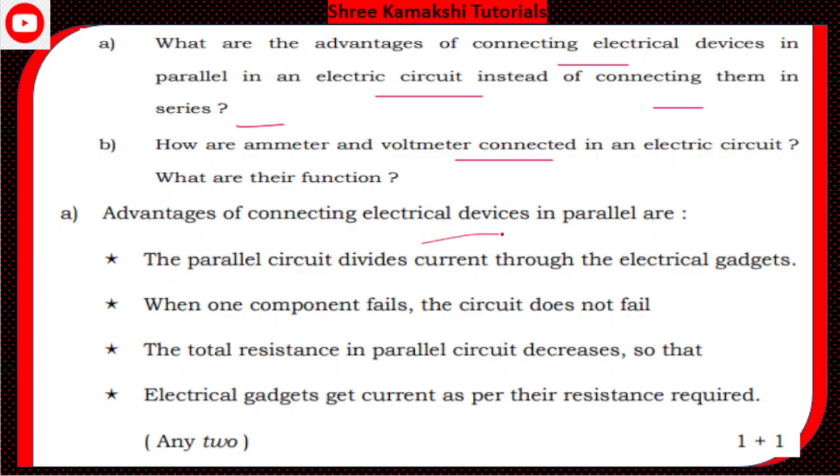Advantages of connecting electrical devices in parallel: the parallel circuit divides the current through the electrical gadgets. When one component fails, the circuit does not fail. The total resistance in a parallel circuit decreases, so that electrical devices get connected as per their required resistance.